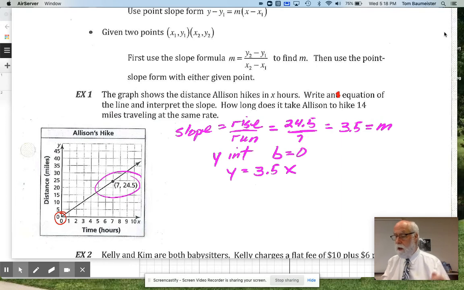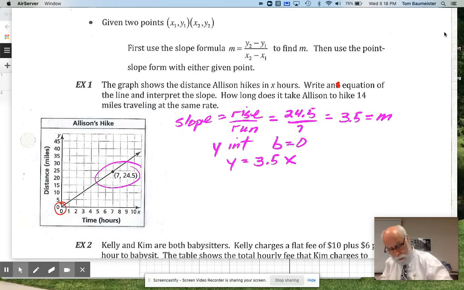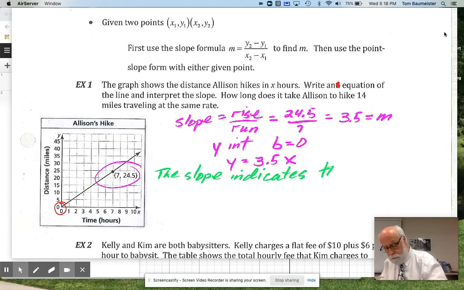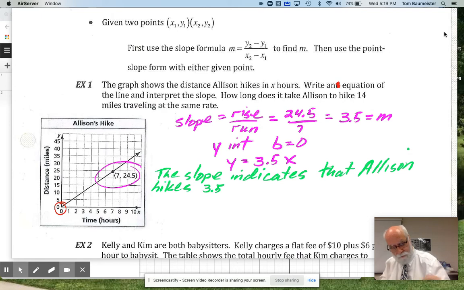All right? So then it says to interpret the slope. When we interpret it, that means we're going to talk about it. So the slope indicates that Allison hikes 3.5.